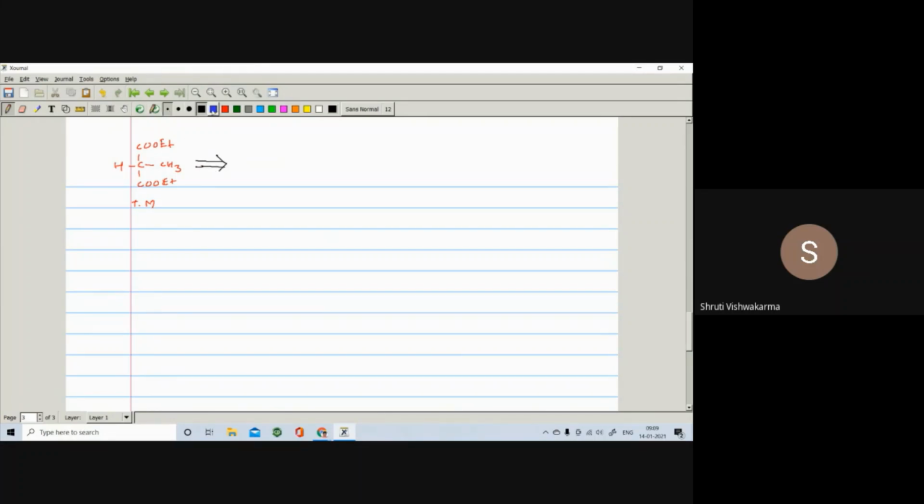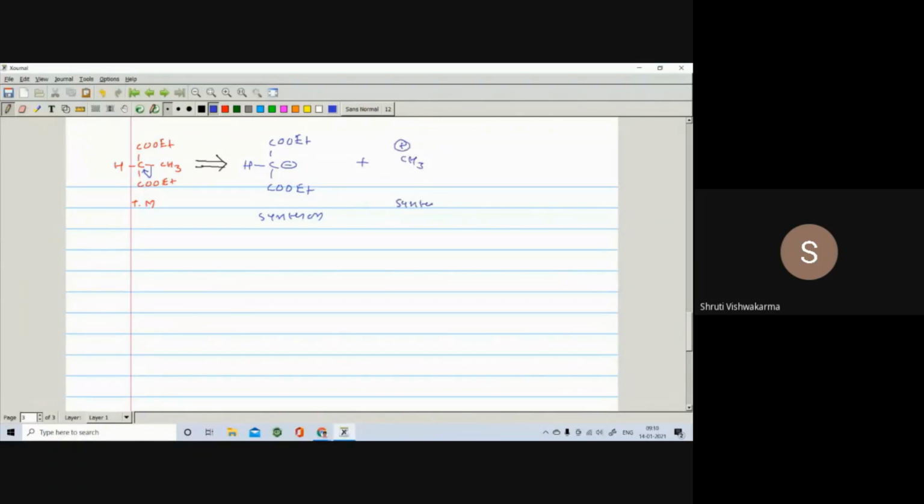This sigma bond, this CH3 is coming from your alkyl halide that you have learned already. So this sigma bond will open on this carbon, so C becomes negative. So here is COOEt, also COOEt, and here is C negative. And the other fragment that you are getting is CH3 positive.